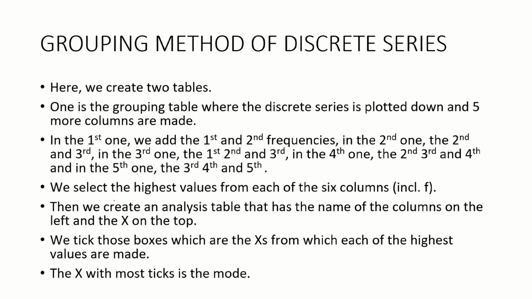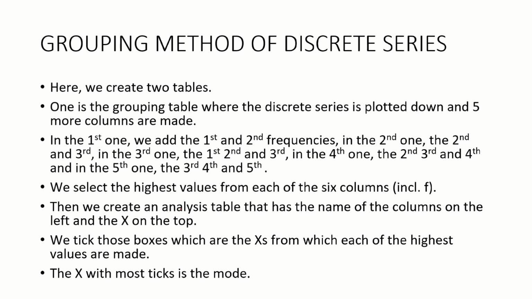Remember, in the second column we added the first and second frequencies. Technically here I was not including the frequency column, but later on I included it. That was just for simplification, but if your mind can run along with this as a second column, so in the second column we added first and second frequencies, right?